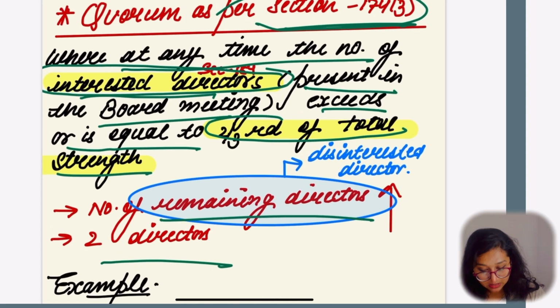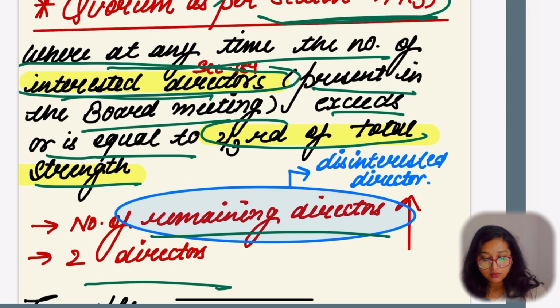Now let me read again. I know right now we don't know the meaning of interested director under section 184. We have to know this, but not in this lecture. But let's read out, like there is some director whose name is interested director. In that case, what is going to be the quorum? Let me read it again, please.